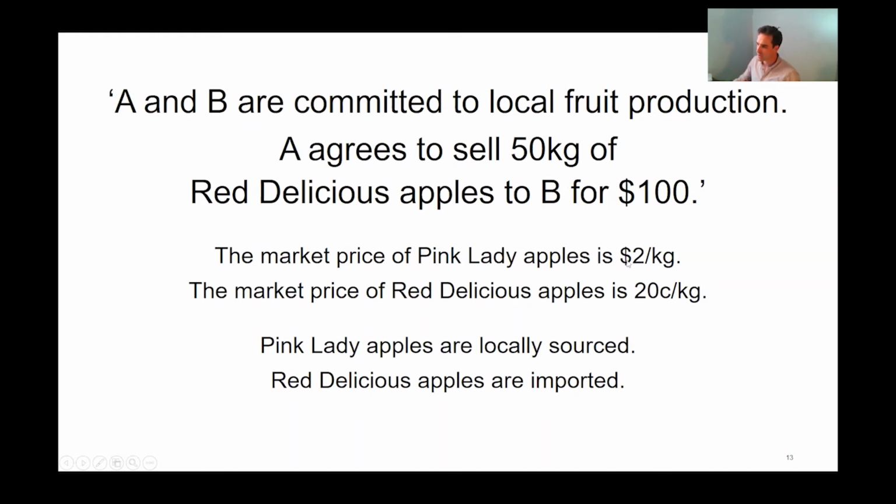Party B's got the contextual argument arising from the coincidence between the contract price and the market price, can rely on a consequentialist argument that it would be absurd for a sale to be at 10 times the market price, and probably most significantly, can rely on a purposive argument grounded in the text, suggesting that this was a mistake and that the parties had intended, objectively intended, the sale of pink lady apples by using the term red delicious apples.